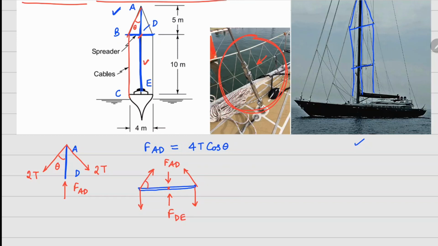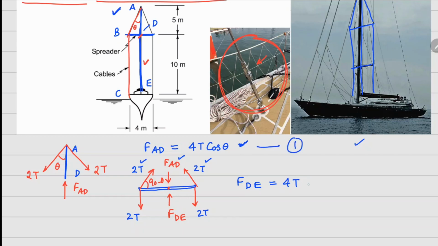Now again this angle right here is going to be 90 minus theta. So now if I write the Y force balance for this, we already have FAD equals 4T cos theta. Now these are again 2T here, 2T here, and 2T there. These are the forces coming from the cable. You can notice that FAD, this 2T and this 2T will be following this equation and they will cancel each other. So effectively in the Y direction, we are going to get FDE equals 4T.